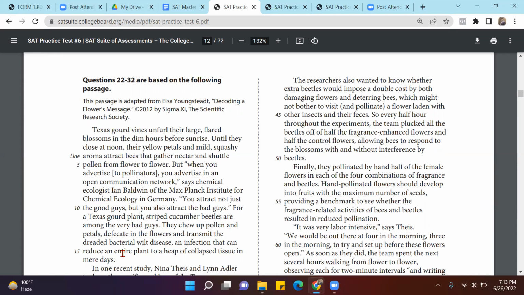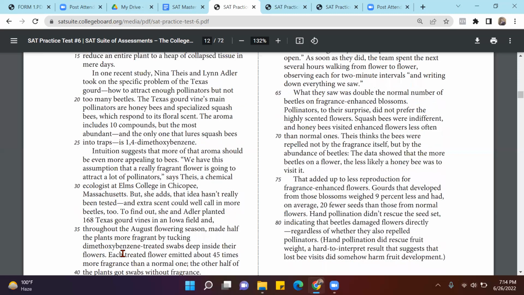But most of us do not come with that kind of background in reading science fiction novels. So what you should do is read one paragraph at a time, answer questions with regard to that paragraph first, and then once you are done with the questions, you can move on to the next paragraph.